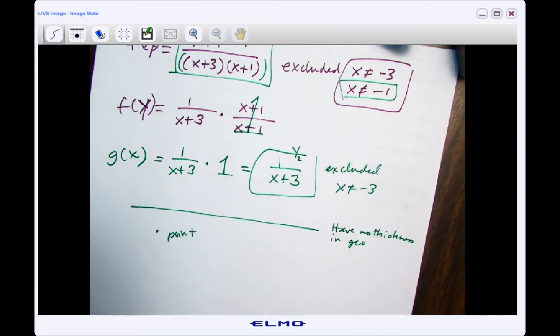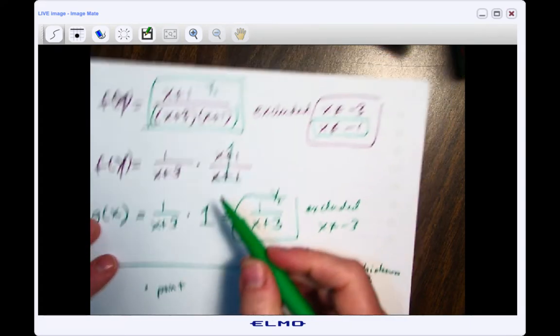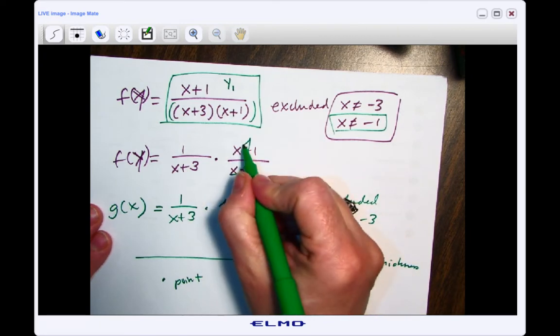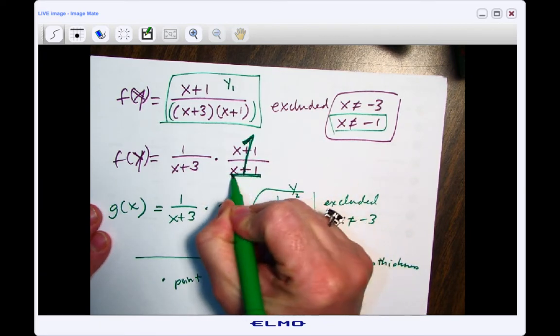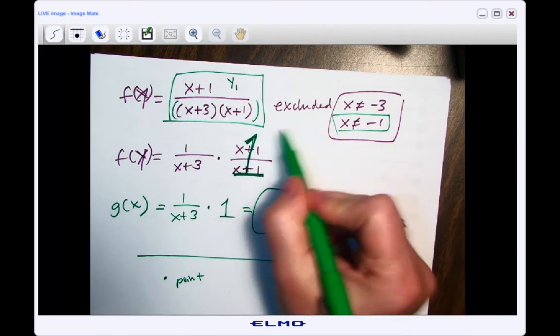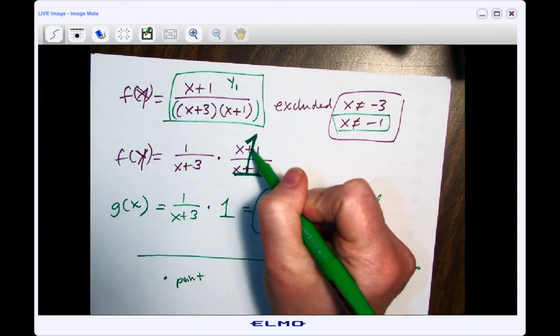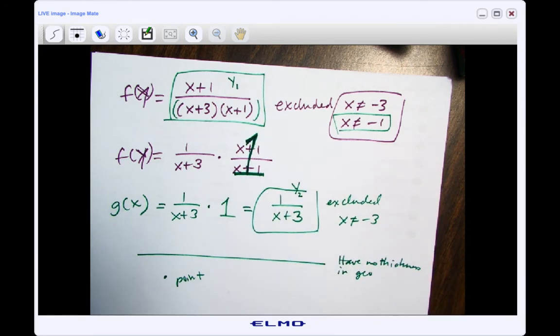So what we're going to do first is look at a couple of these and see how we figure out how to find a hole, and then we'll graph some with a hole. Okay? Now maybe you noticed that what was important here was this little piece simplified to 1. That's actually what made the hole. It says I can't actually use -1, but really it's kind of like multiplying by a 1.